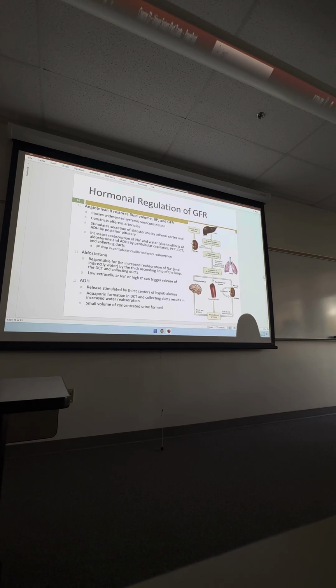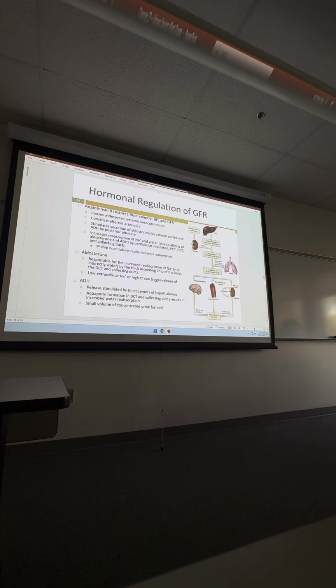Because when you have ADH, then we have specialized cells in the collecting ducts and the distal convoluted tubule called principal cells. And those principal cells have little proteins embedded inside them called aquaporins. Some of those aquaporins are permanent, so we're always pulling water through them.